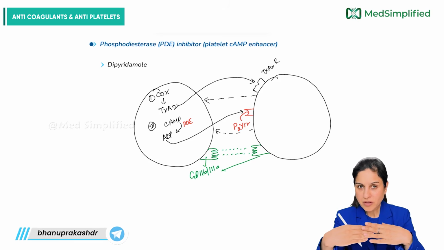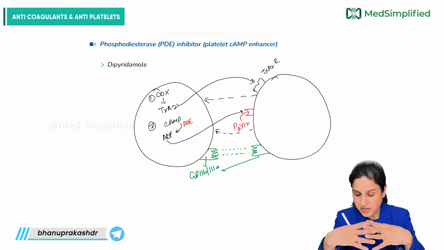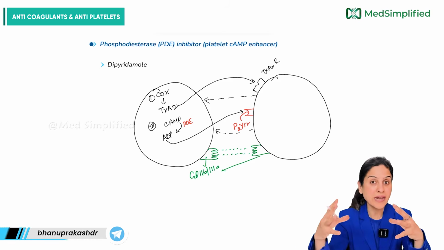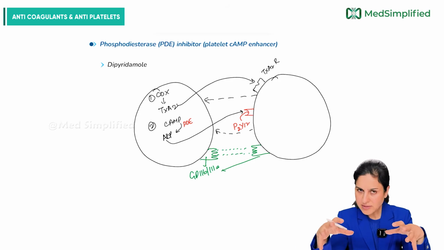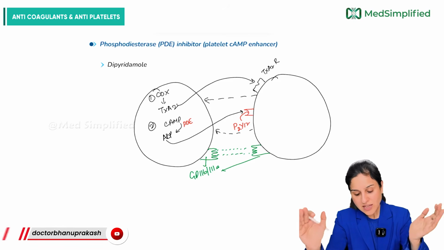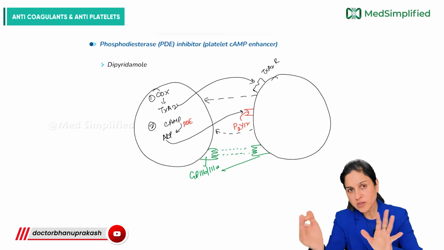This is again a method of adhesion of the platelets, aggregation and adhesion of platelets. So all these things are ultimately going to cause aggregation and adhesion of the platelets where there is injury or where the platelet plug is being formed. So whatever drugs we are going to give, they are going to block these processes.